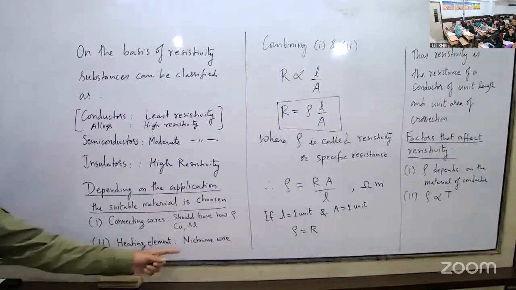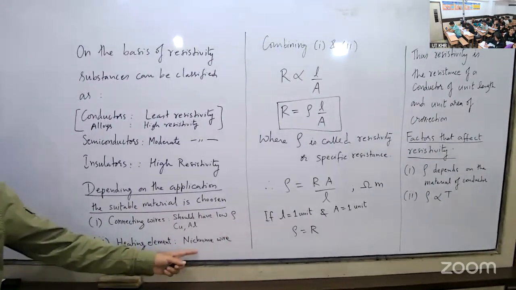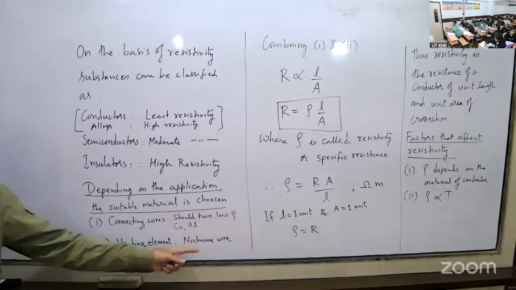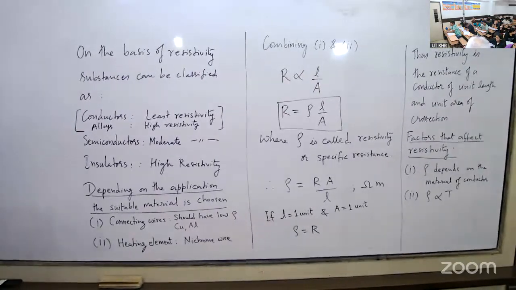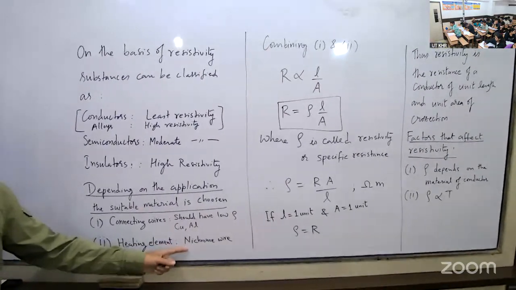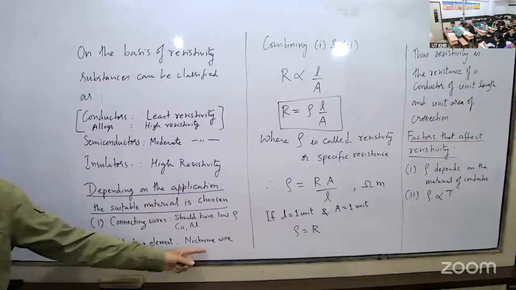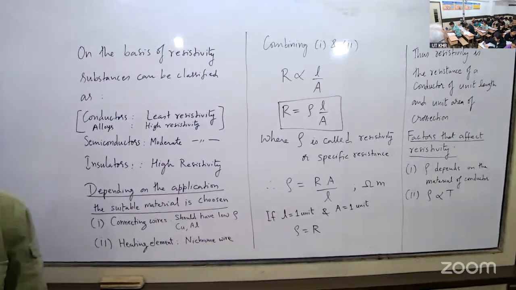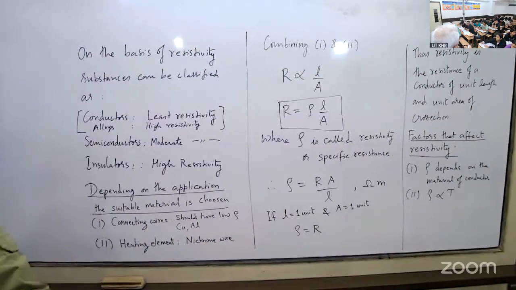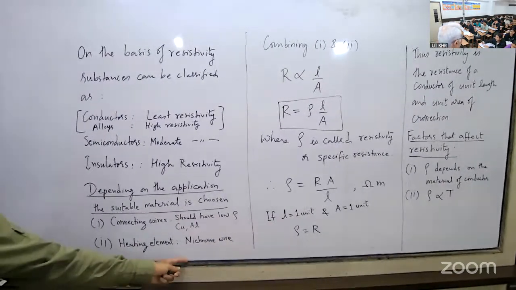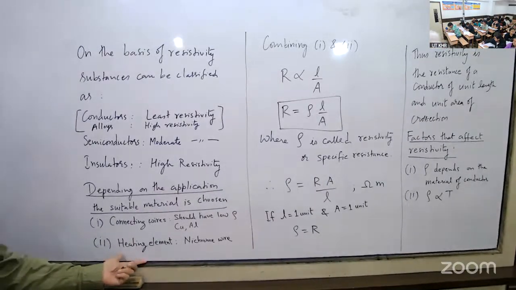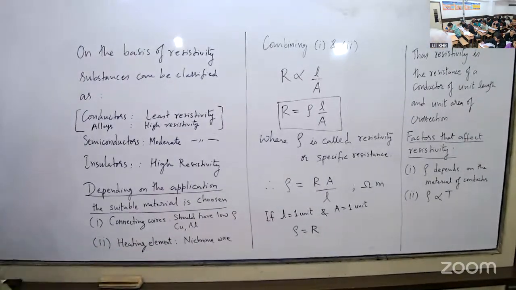Nichrome is an alloy of nickel, chromium, and I guess copper, or nickel, chromium, iron. You can check on Google what metal mixture nichrome is. Individual metals have low resistivity, but when you mix them, their resistivity increases. So they are more suitable for high resistance applications, such as in a heating element.